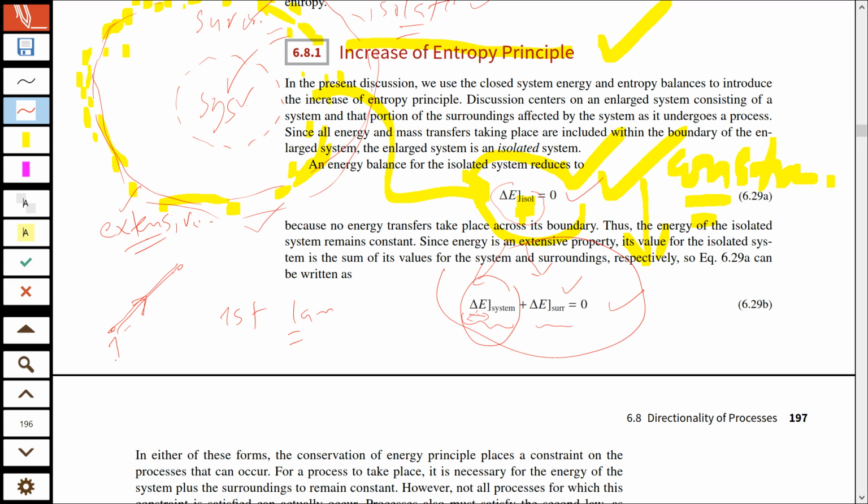In other words, let's say it starts with one state and it ends up in another state. In so doing, the first law dictates that as a result of this process, the change in energy of the system must be balanced with an opposite change in the surrounding, because they both must add up to zero. So if you want an increase in the energy of your system, there must be a decrease in the surrounding. Otherwise, you don't get this zero.